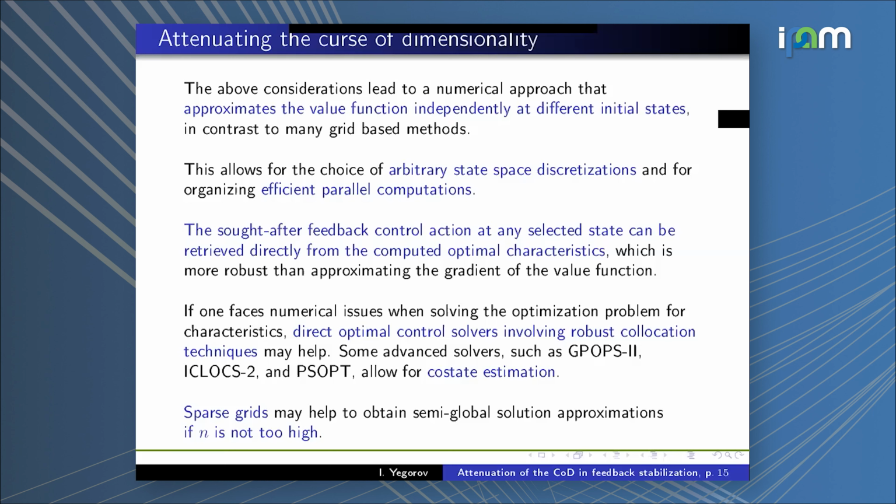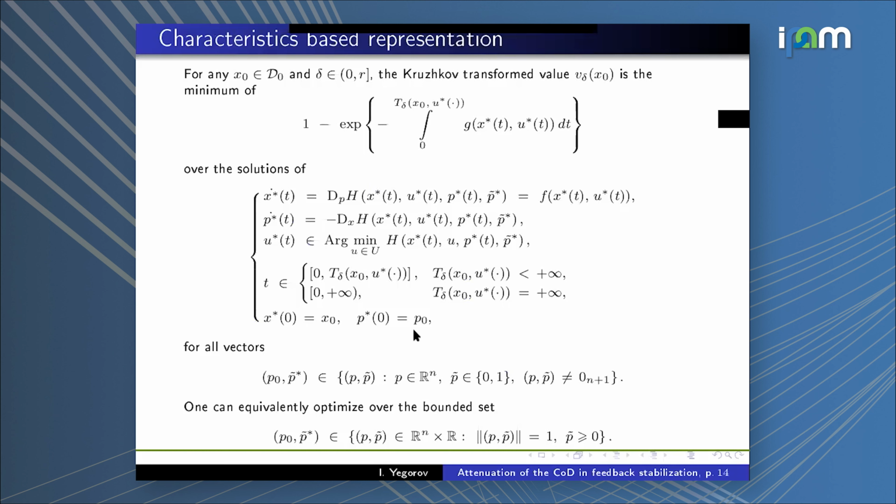We just discretize it and we solve it. And it turns out that direct solvers are much more robust. They may be less accurate, but they are more robust. And also a very good recent advancement is that direct solvers can also give us estimates for those P0s. They are quite empirical. We don't know in general when they're going to work or not, but still, in certain cases, they are very good.